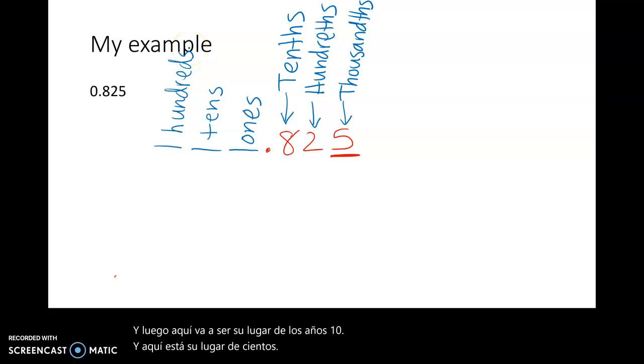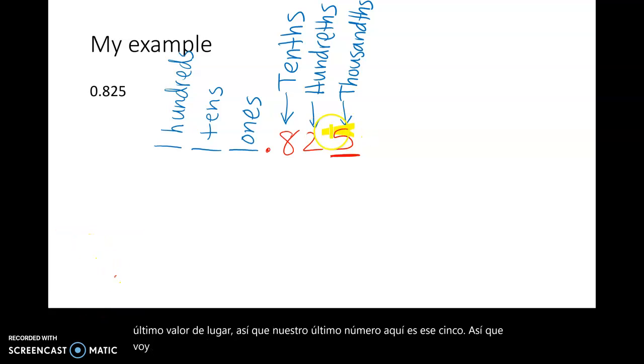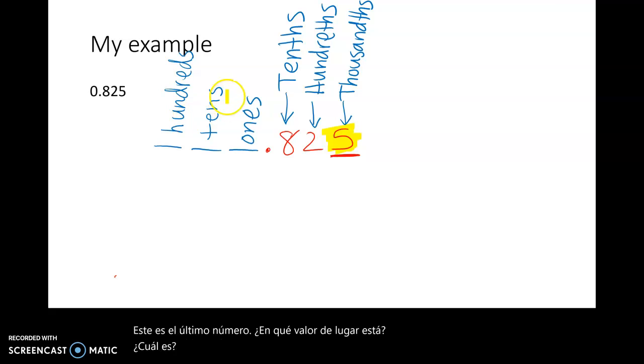All right, so to make a fraction we have to look at where the last place value is. Our last number here is that 5, so I'm going to highlight that for you. What place value is it in? It's not the hundreds, it's not the tens, it's not the ones.